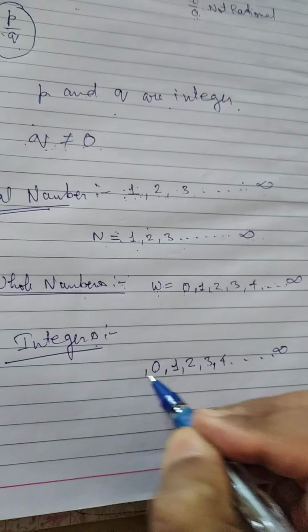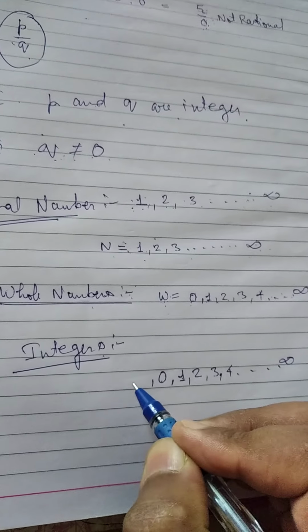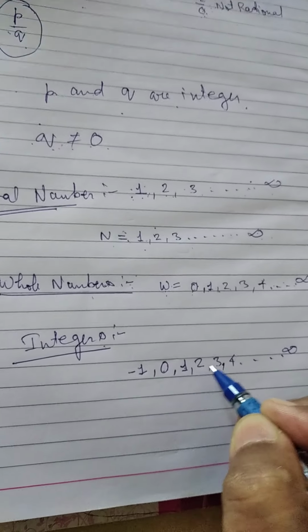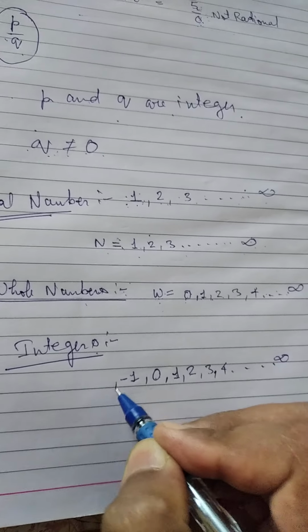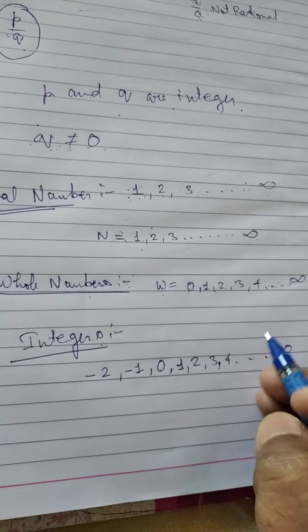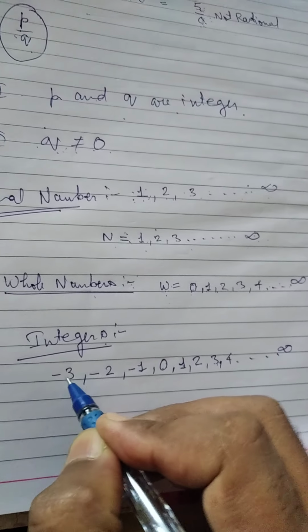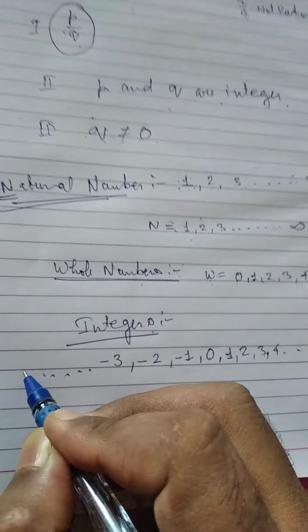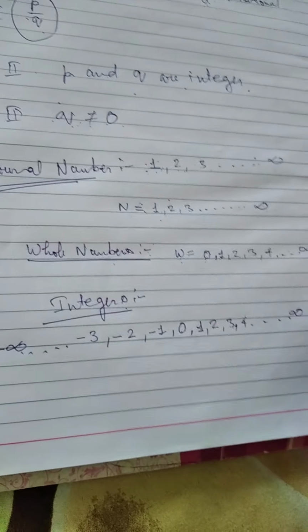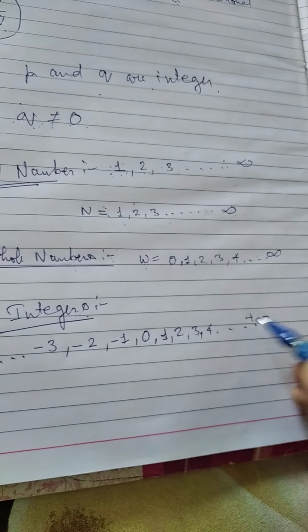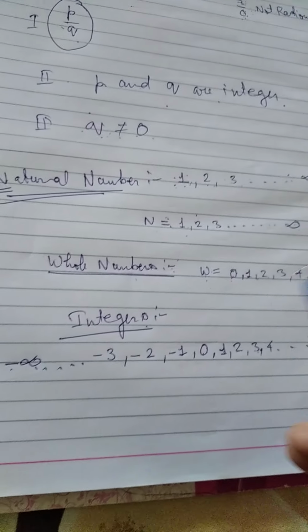With the negatives of natural numbers: here we have 1, so on this side you can write -1. Here we have 2, so the negative of 2 is -2. Similarly we have 3, so the negative of 3 is -3, and similarly up to minus infinite. On this side you can write positive infinite and this is minus infinite.